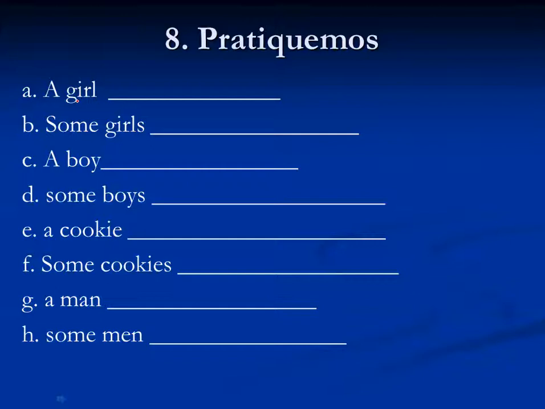Well, let's try some here. So a girl, we know that it's singular, a, and we know that it's feminine because we have a girl there. So we should have una chica. Now some girls, we're looking at the gender, we know that's feminine, and we also know that it's plural because it ends in an s. So we should have unas chicas. A boy, we know that's singular because we just have one here, and we know that's masculine.